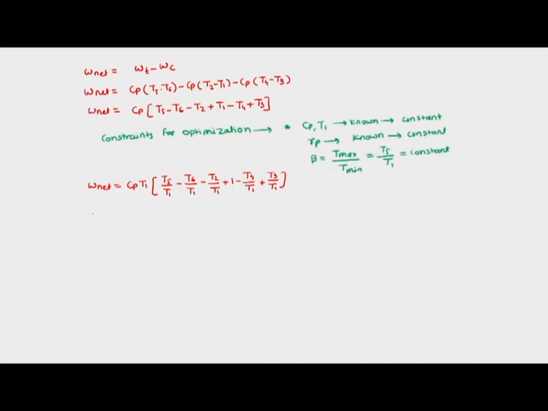So T5 by T1 is beta. So W net is equal to Cp T1 times beta, minus T6 by T1.